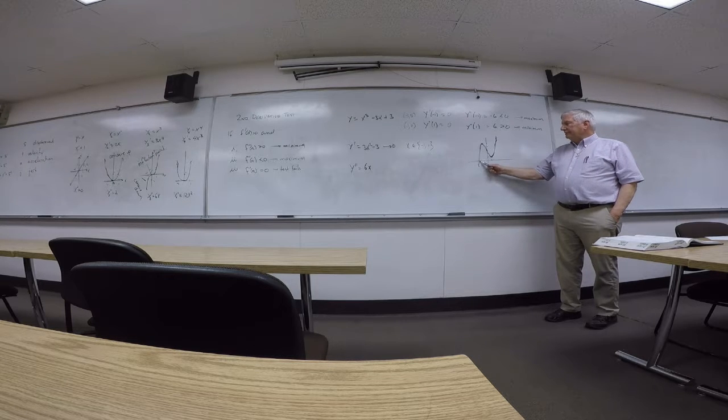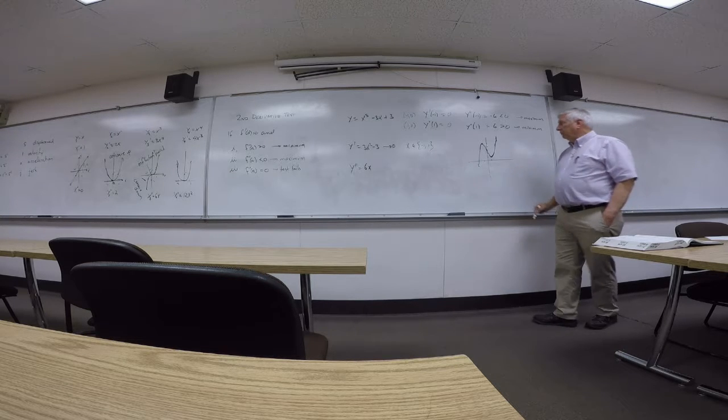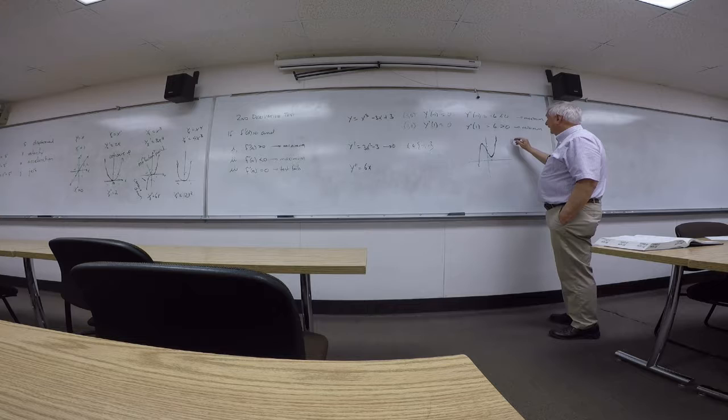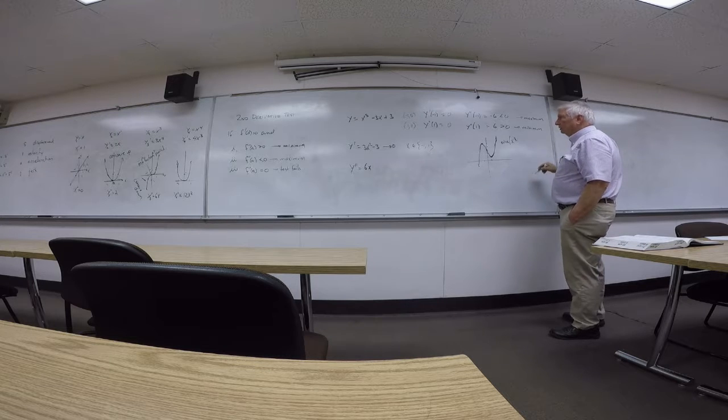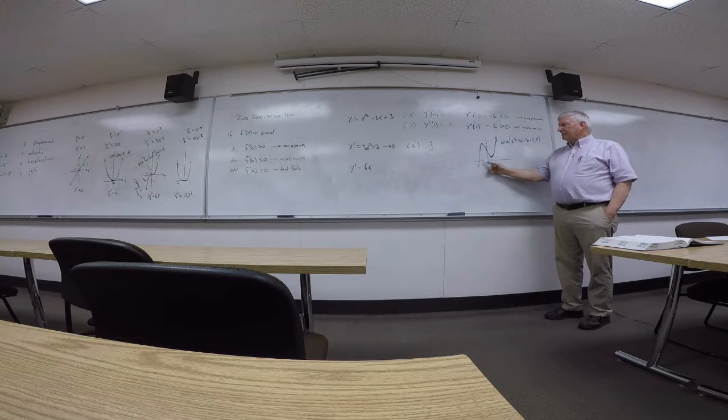It didn't give us that value, but our calculator will. If we put SOLVE, paren, x cubed minus 3 times x plus 3 equals 0, comma, x close, it will give us that point.